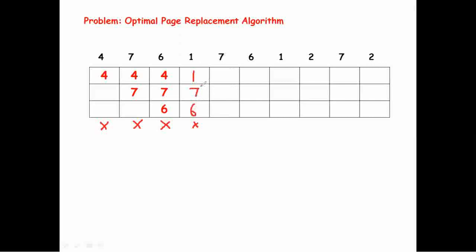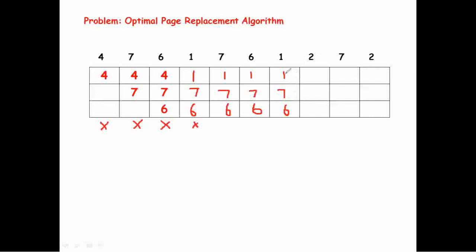When 7 is referred, 7 is already available. Here a page fault will not occur. When 6 is referred, 6 is available. So here also a page fault will not occur. When 1 is referred, 1 is already available. So here also a page fault will not occur. 2 is not available, so it leads to a page fault.